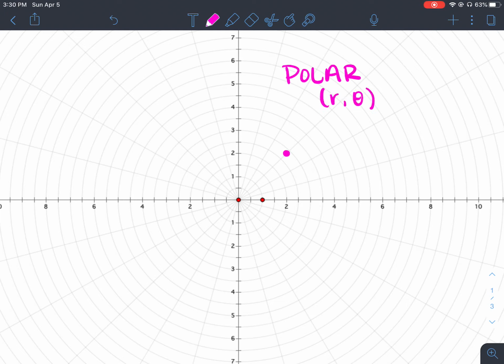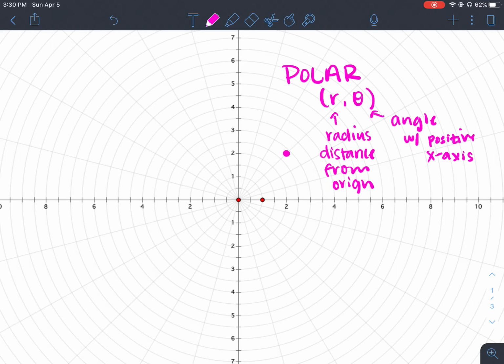So if I look at that point 2, 2 again, I can say, if I go out to the terminal side of an angle from the positive x-axis that would go through that point, that angle would be pi over 4 radians, or 45 degrees.